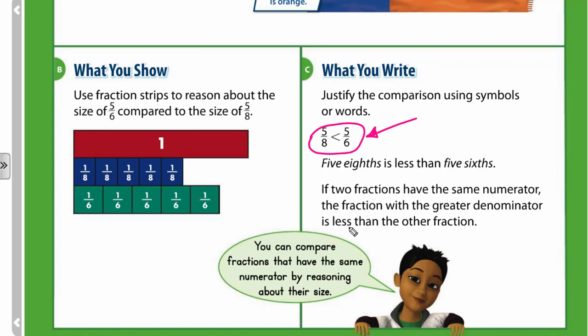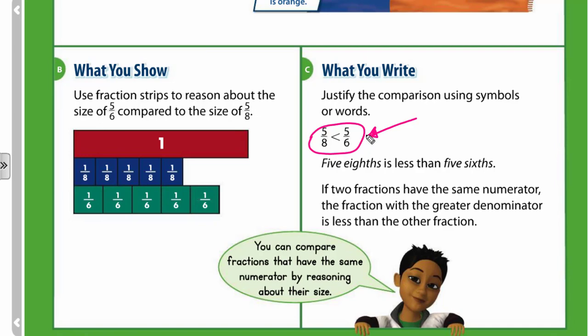How to compare two fractions with the same numerator? Okay, Ibrahim, say something. Sahmi, mute your mic. I don't see you. You mean you don't see the screen? Yes, I will leave and come again.